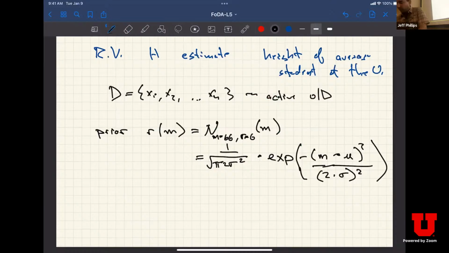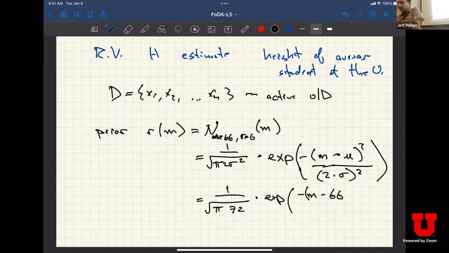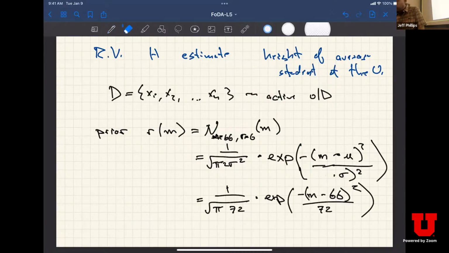And so now if I write this for the particular values that I've given, where the mean is 66 and the standard deviation is 6, I'm going to get 1 over the square root of 2 pi times 36, e to the power negative x minus 66 squared over 2 times 36, and again, this is 72, right? Yes, that should be 72.